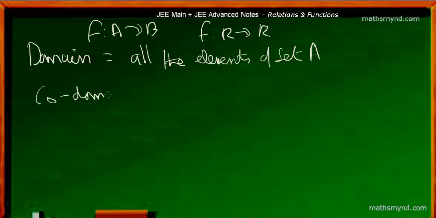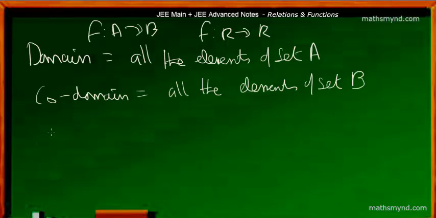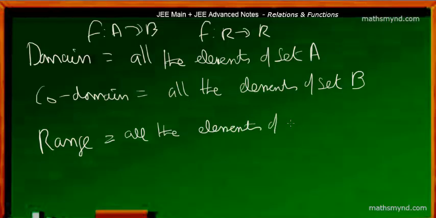Codomain means all the elements of set B. Now the point is that it is not necessary that all elements of set B should take part in the particular function, which simply means that range refers to all the elements of set B which are forming ordered pairs, or which are participating in the function.